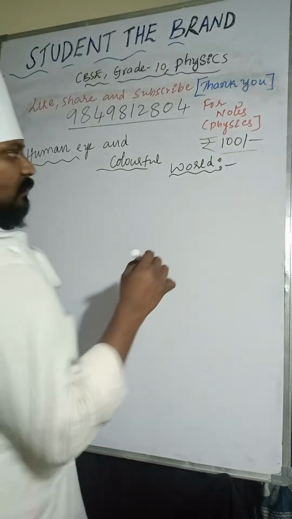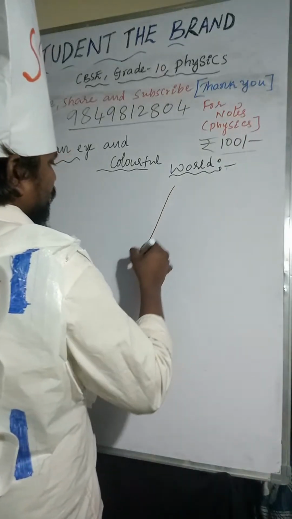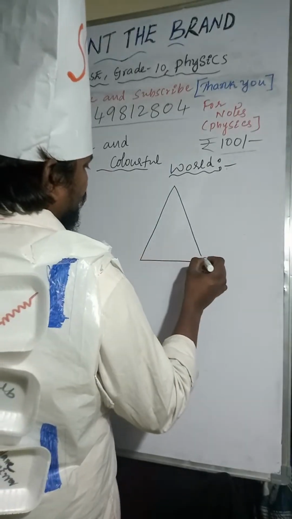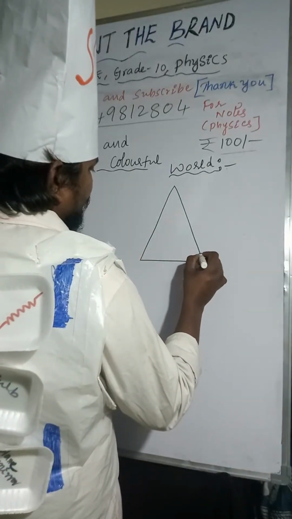Now I'm taking the prism. Splitting a white light into 7 colors is known as dispersion.